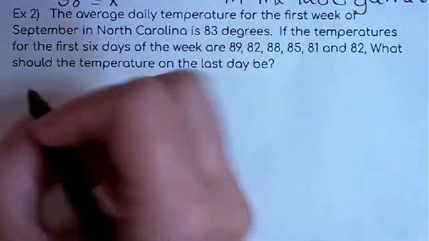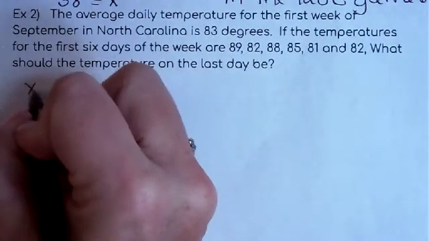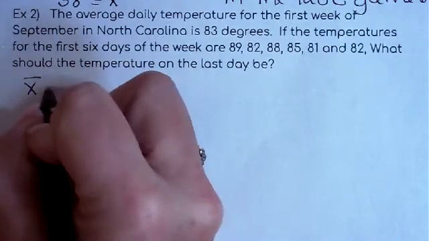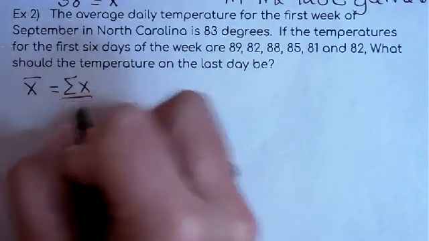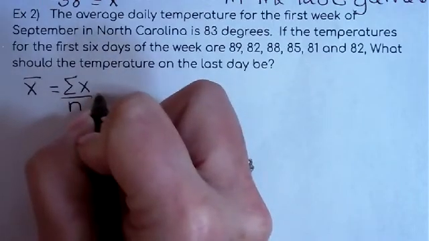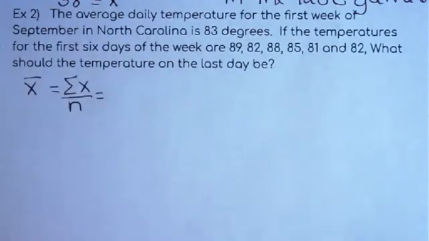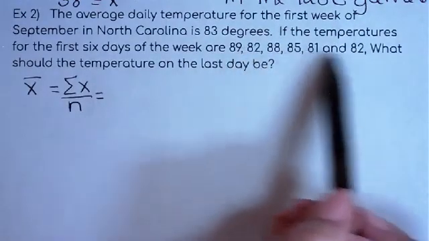Okay, so let's go back right here to our formula. X mean equals the sum of my x's divided by n. Okay, equal to. Now I can do this right here. Let's add up all of our temperatures.